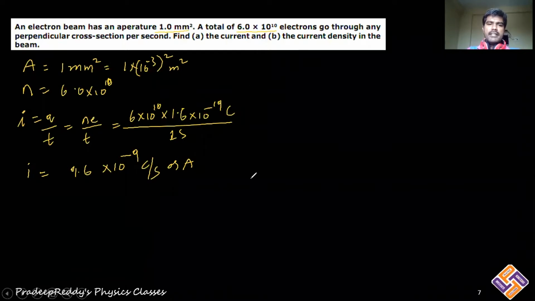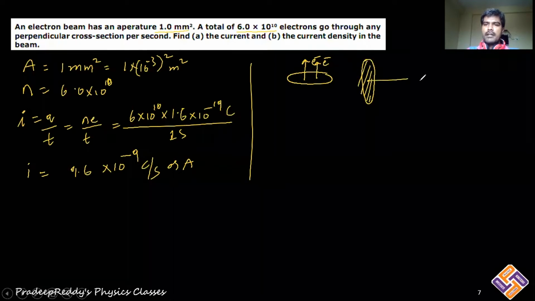And what about current density? In order to find out current density, observe carefully what is mentioned in the problem. Electrons go through any perpendicular cross section. So if this is the area of cross section, electrons are traveling perpendicular to it, in this direction.